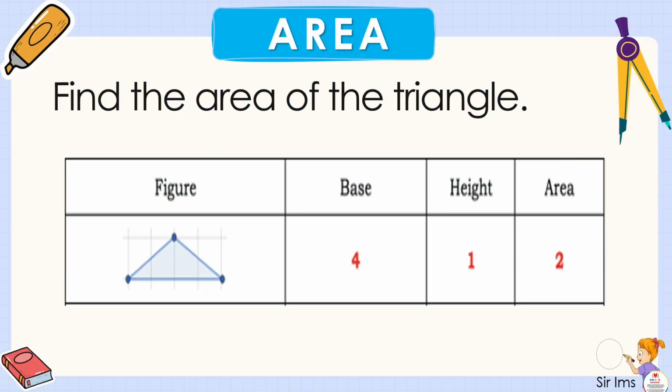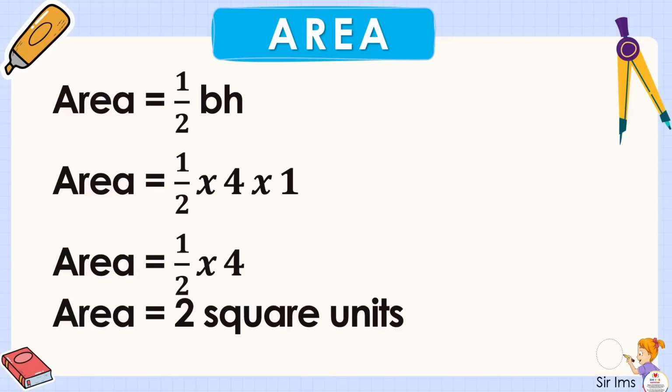Okay, so let's try to solve for the area of the triangle. Again, the formula is area is equal to 1/2 base times height. Let's substitute: 1/2 times 4 times 1. 4 times 1 is 4.